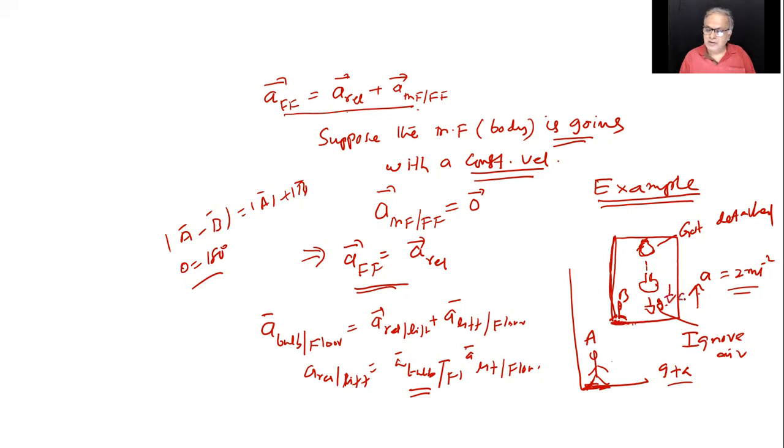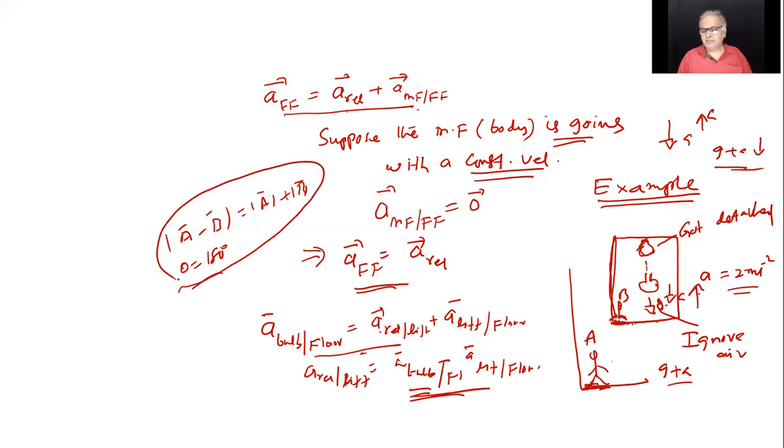So g plus a down, that way you can easily understand it. Are you listening? From here I am writing the bulb's acceleration with respect to the lift. From this relation, I have taken it this side and this side. So the vector difference of g and a. G is down, a is up. So the vector difference will become what? G plus a down. I don't know whether people have remembered anything like this.